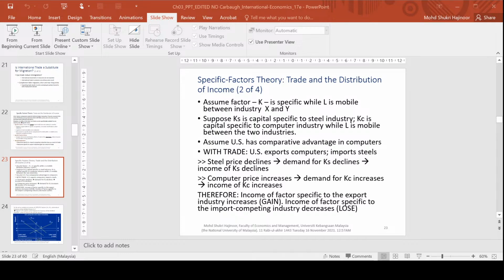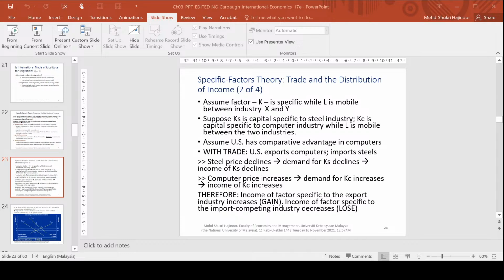Is the factor endowment theory a good predictor of trade patterns? So now, Leontief wanted to test the validity of factor endowment theory as presented by Heckscher-Ohlin. He tested it using US data.